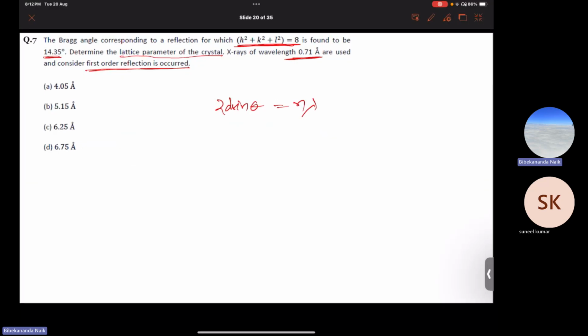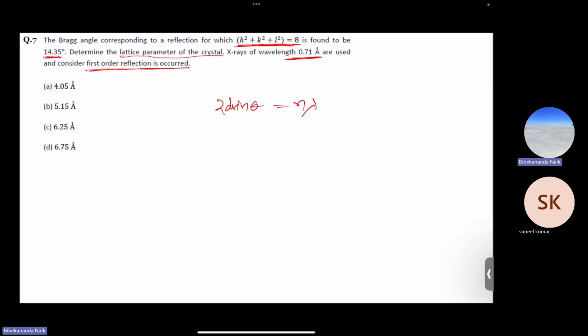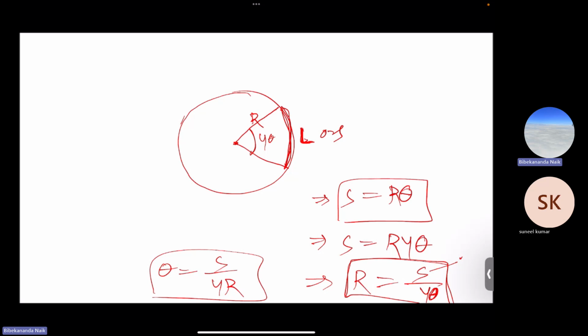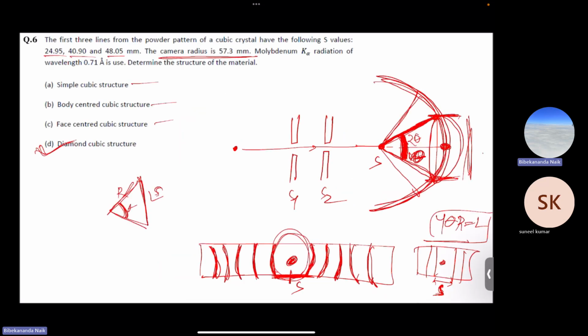Here theta is given, 14.35 degrees. This is the Bragg's angle, but in the previous question these were not Bragg's angles, they were the angle that forms at the center. So the Bragg's angle will be theta, which is S by 4 only.